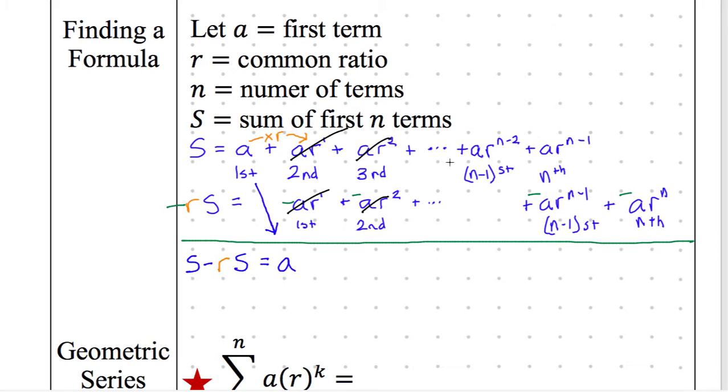What's blah, blah, blah? Those will all cancel out. What's AR to the power of n minus 1 minus AR to the n minus 1? 0. All of these are zeros, and at the very end I have what? Just A minus AR to the n. So the total formula is S minus RS equals A minus AR^n. Yep, AR to the power of n.